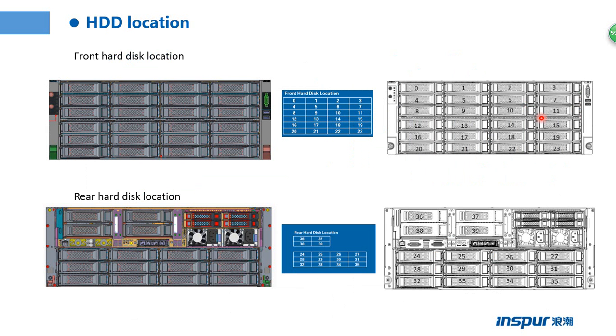Because the server can support up to 40 hard drives, we must understand the hard drive disk locations, because sometimes we need to replace the hard drives, and sometimes there may be very important data on them.